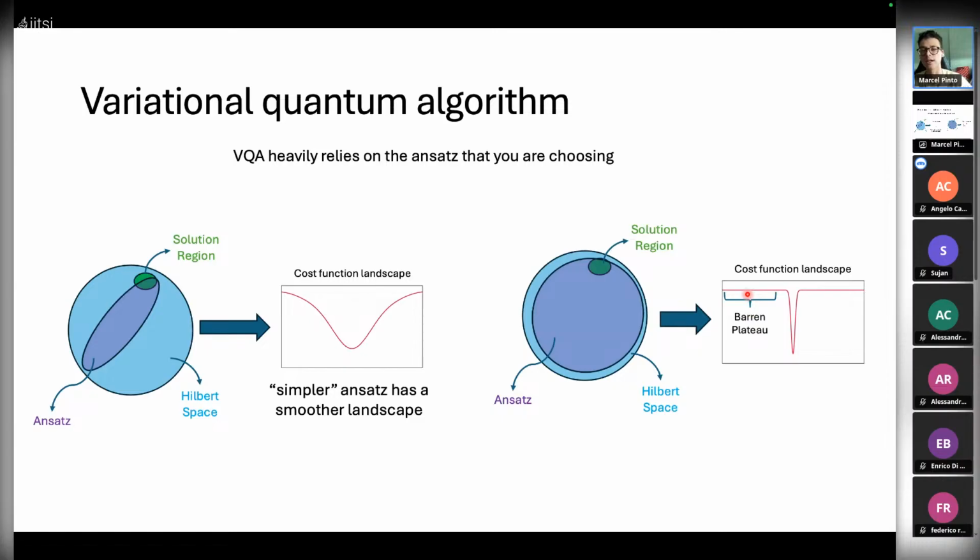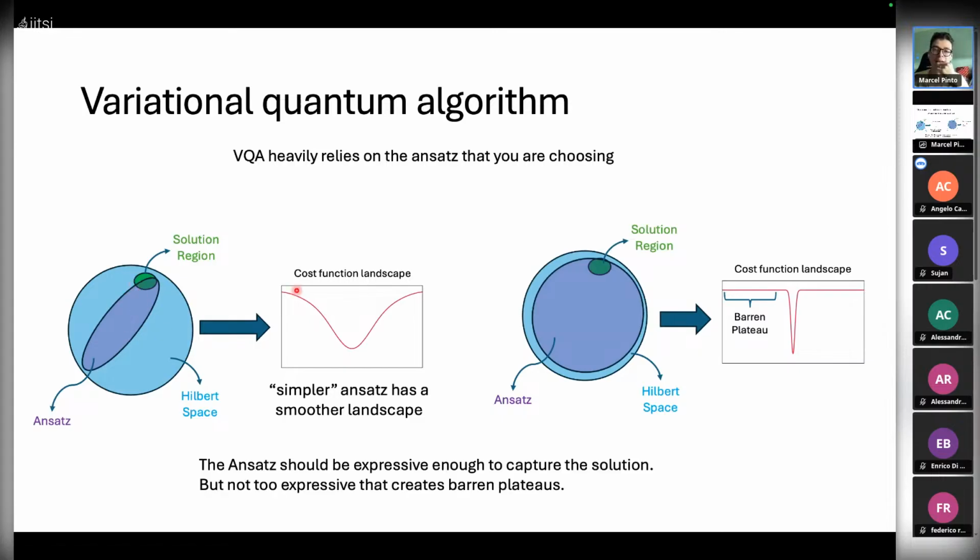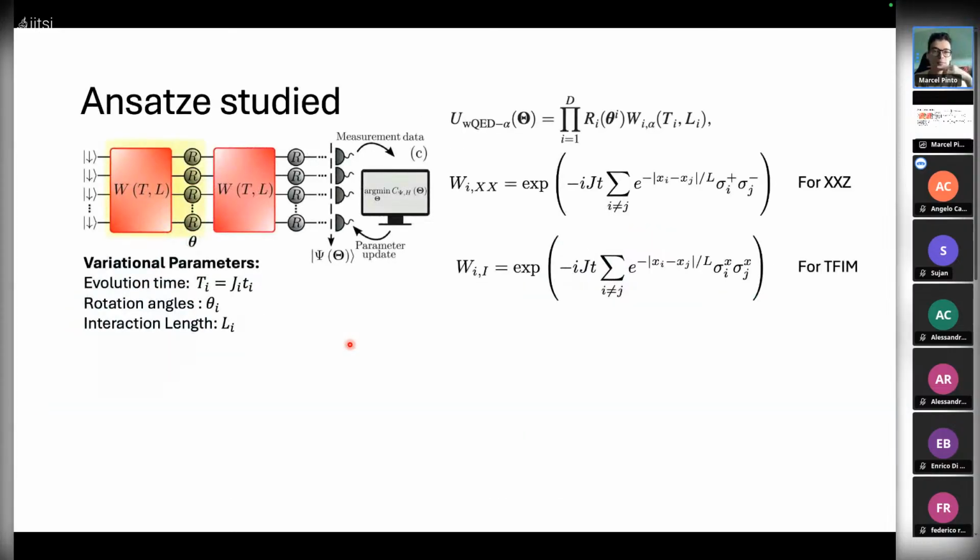So if your optimizer gets stuck on this, it won't be able to move away, and you're going to be stuck at a point that's not optimal. So the idea is to have an ansatz that is expressive enough to catch the solution, and that has a smooth cost function landscape, so you can just let your optimizer start here, and it naturally goes to the bottom of the landscape.